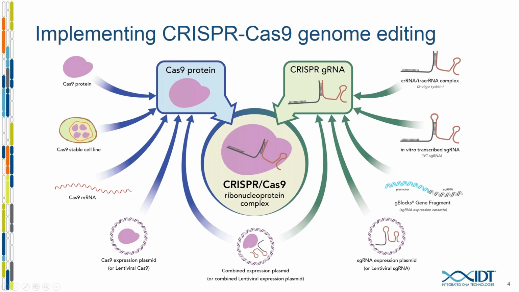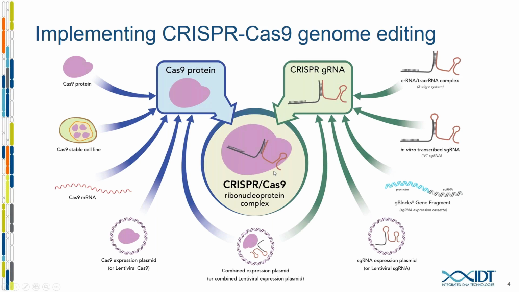But getting to that point can be done through a number of different methods, whether that's delivering either the Cas9 or the guide RNA in a plasmid form as DNA, or as linear DNA, such as a gBlocks gene fragment, or perhaps delivering those components as mRNA or a transcribed single guide RNA. All of these methods can work very well.